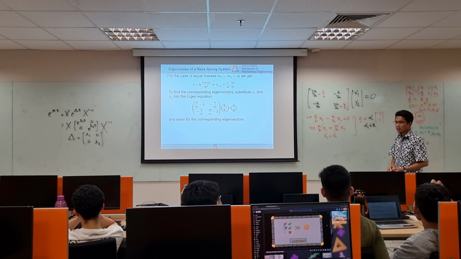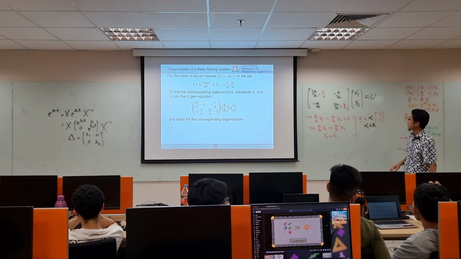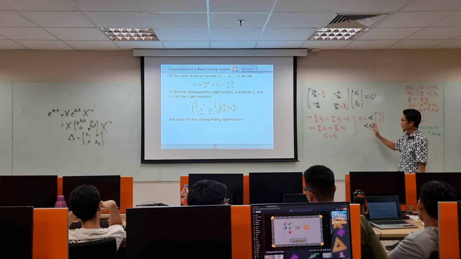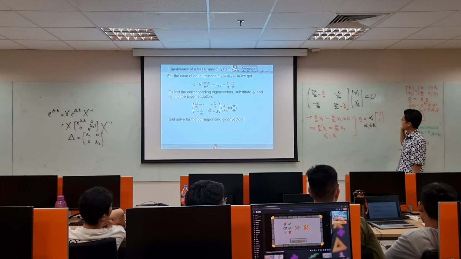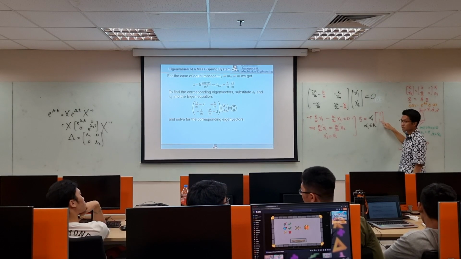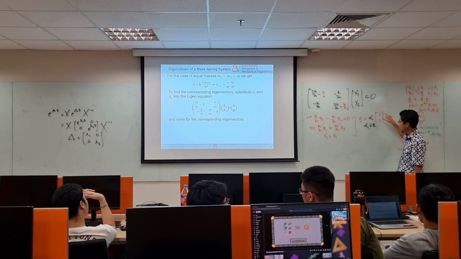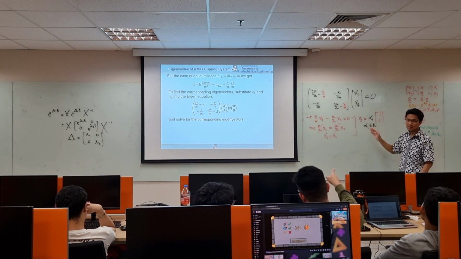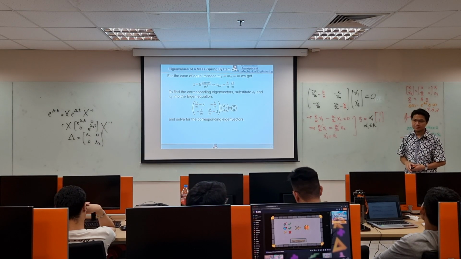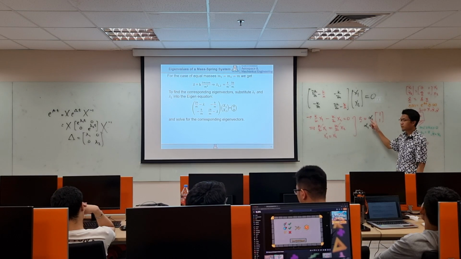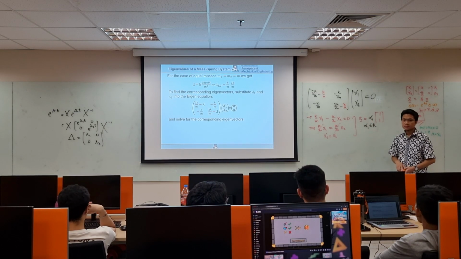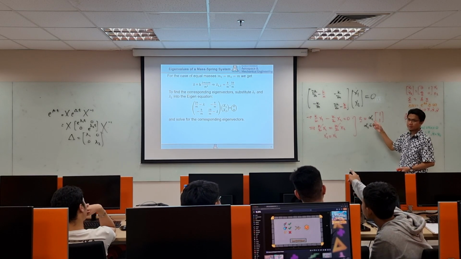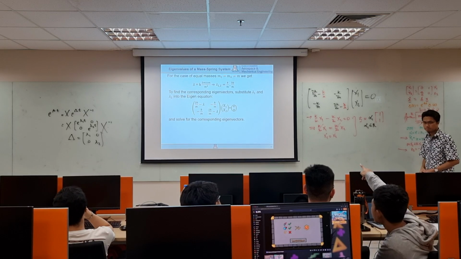So x1 and x2 is the solution for lambda 1, and that one is 1 1. And the direction 1 1 we can multiply with any scalar on the left side. So I put alpha 1 in here. But don't put nothing in here. You have to put something in here.